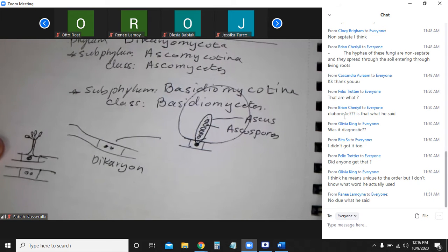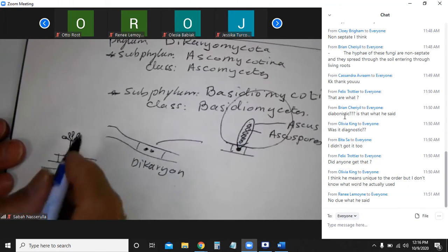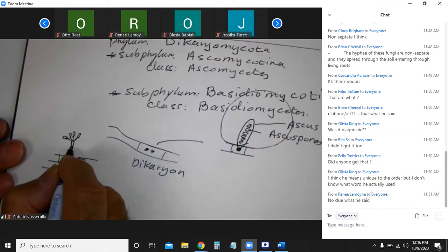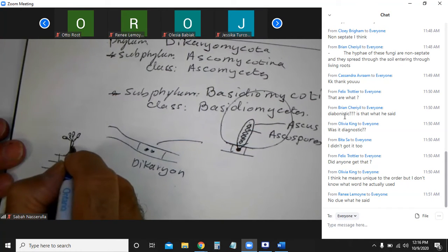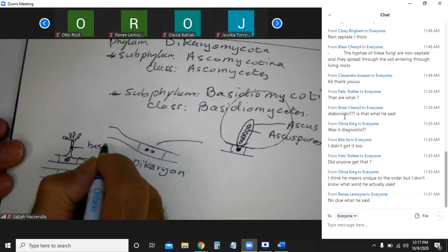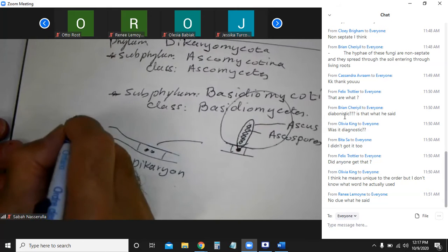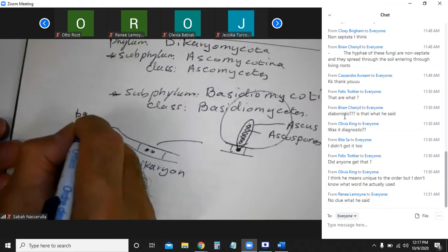You follow this point here? Because this cell, in which karyogamy and meiosis occur, is called a basidium, like a base, and these spores are known as basidiospores.